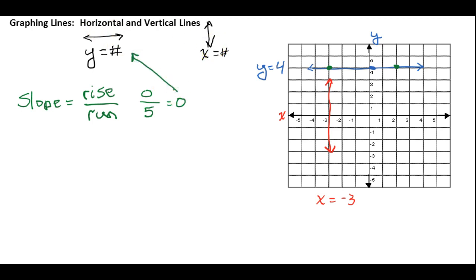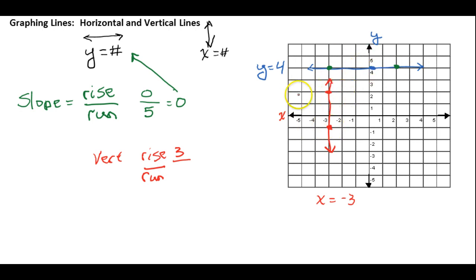Now vertical lines, let me do this in a different color. Let's do red. Remember rise over run again. Well, if I pick a couple of points here, it doesn't matter, just any old 2 points. My rise, I'm going to go 1, 2, 3. So for my vertical line, my rise is 3, and the run, well, we're in the same boat we were with the horizontal.